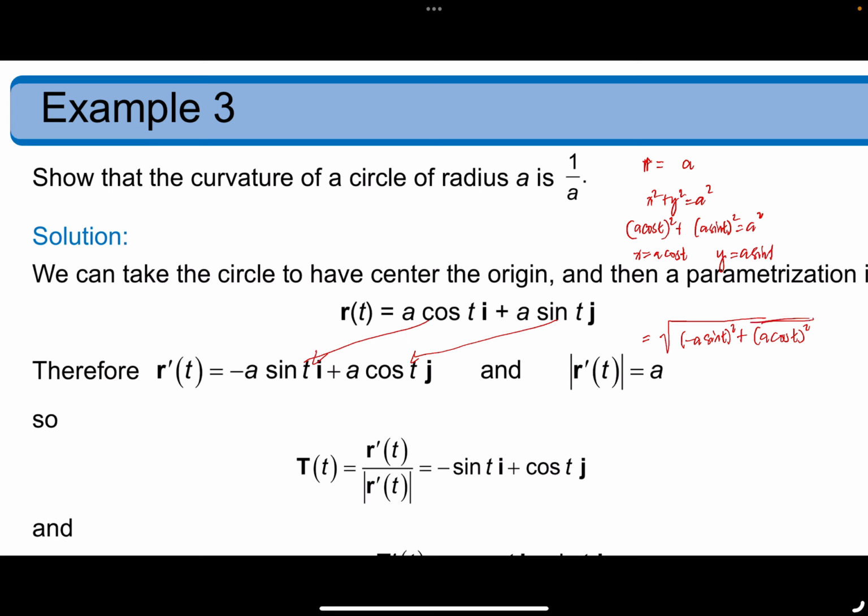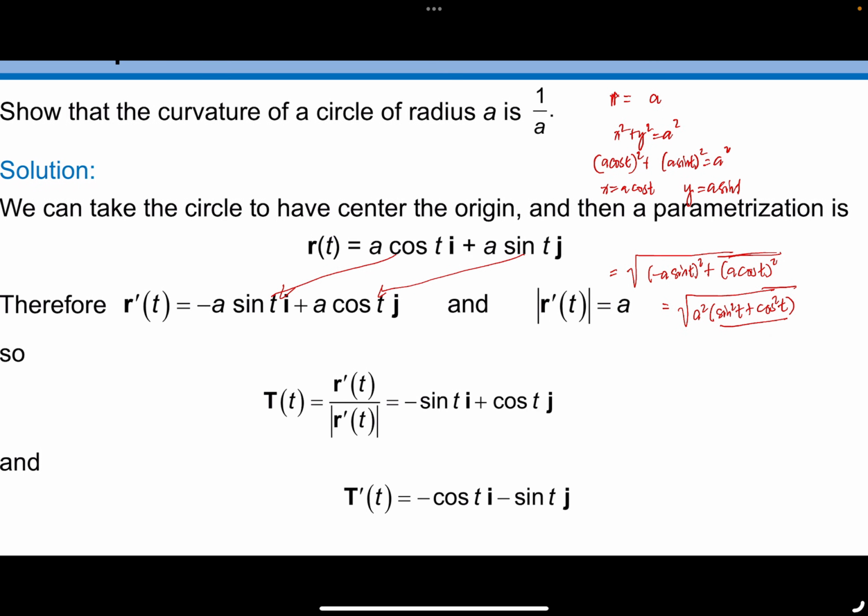So we have a squared sine squared t plus a squared cosine squared t, which is equal to a squared times sine squared t plus cosine squared t. This is 1. So the square root of a squared is a.